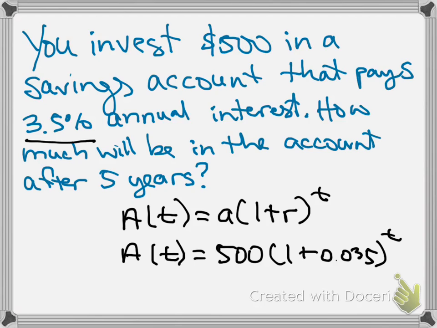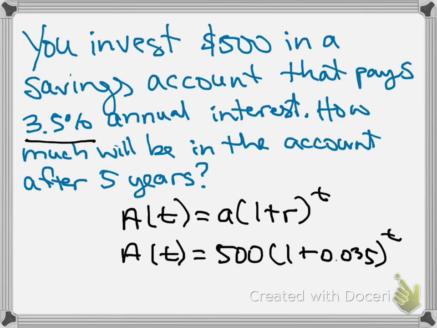So all you're going to need to be able to do in these situations really is identify what your a value is, your initial value. You plug that in, and then you need to determine whether you're growing or decaying, and that will determine whether you add or subtract your r value. Here, because we have exponential growth, we're earning interest on this bank account, our r value is positive.